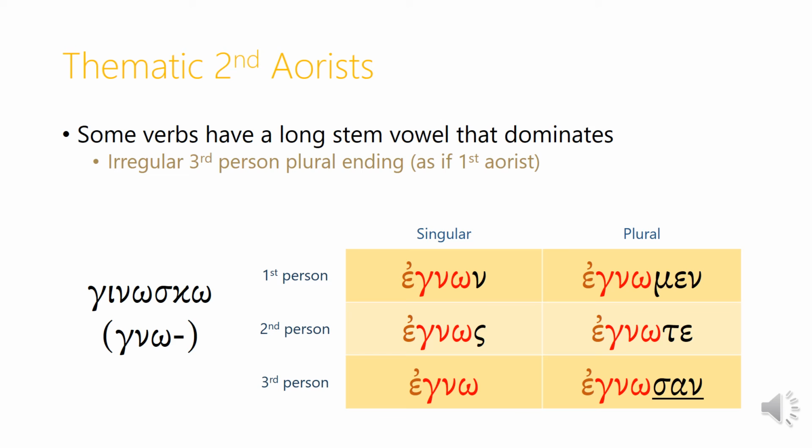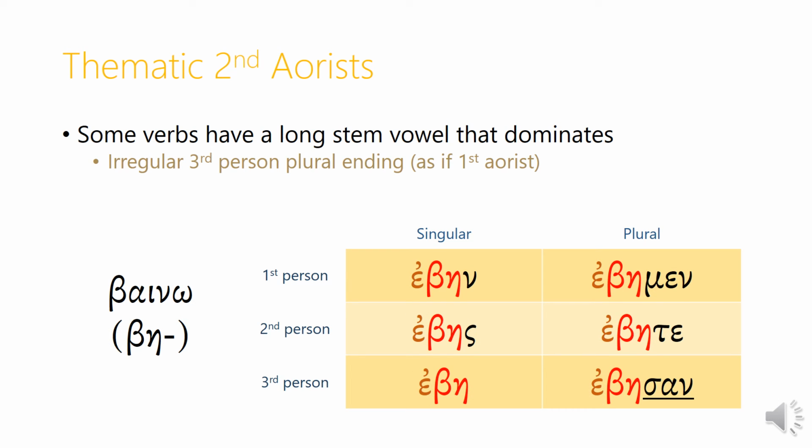So you just have to remember with these thematic aorists that the connecting vowels disappear behind the long stem vowel, and that third person plural ending acts like a first aorist. Egnon, egnos, egno, egnomen, egnote, egnosan.